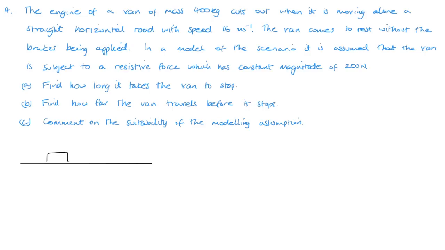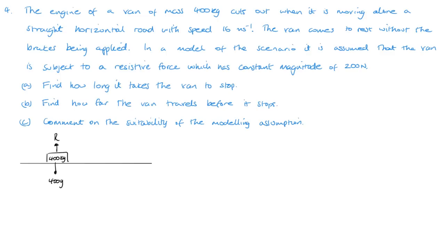So 400 kg, so normal reaction and 400 G. With a speed of 16 meters per second when the engine cuts out. Okay, so there's no forward thrust when that engine cuts out. The van comes to rest without the brakes being applied.